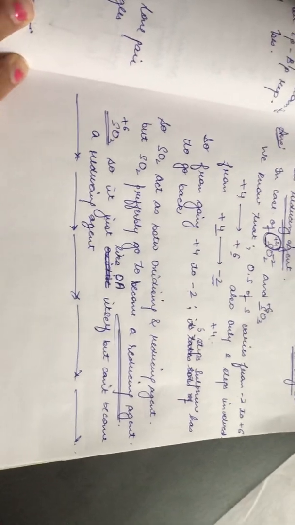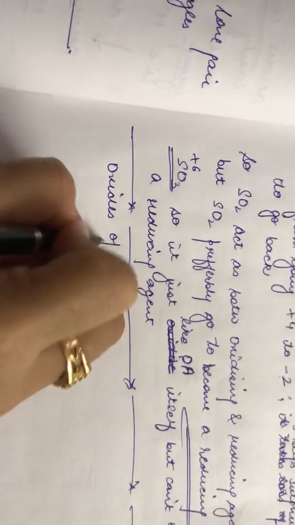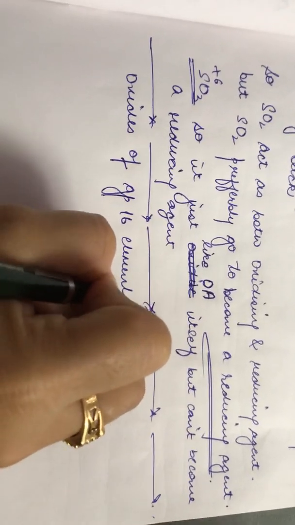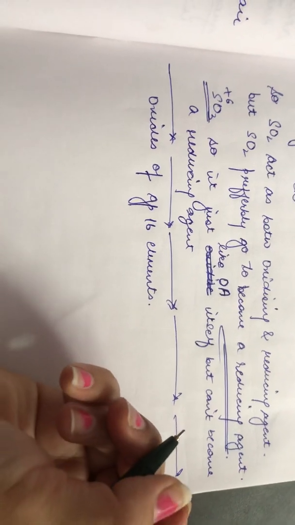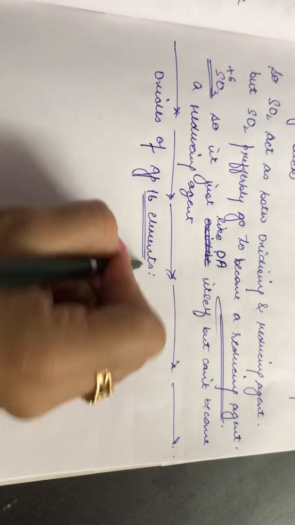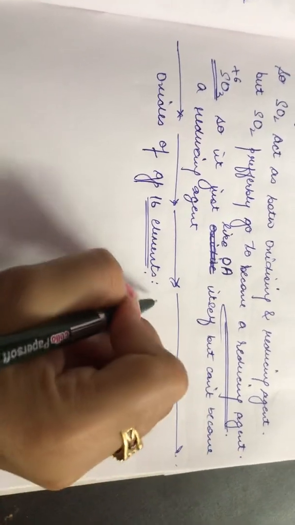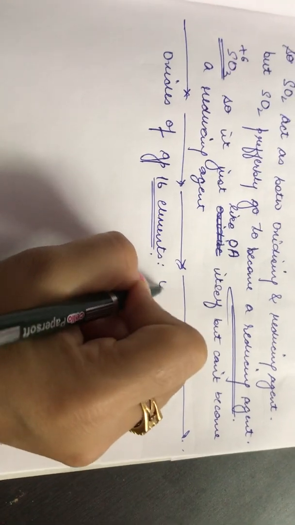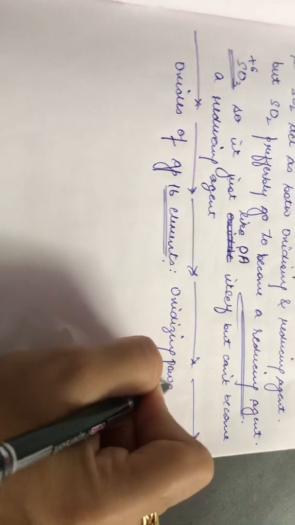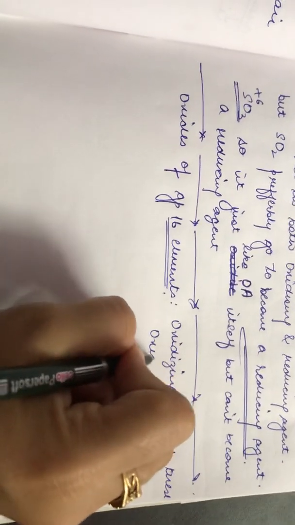Another question arises from the oxides of group 16 elements. So we were discussing oxides of group 16 elements. Clear? Now we will discuss about the oxidizing power of these oxides.